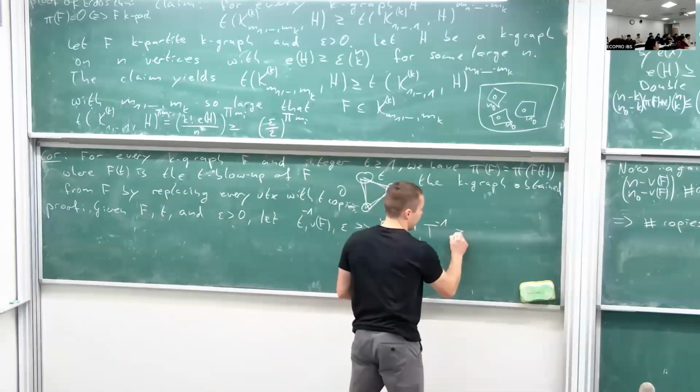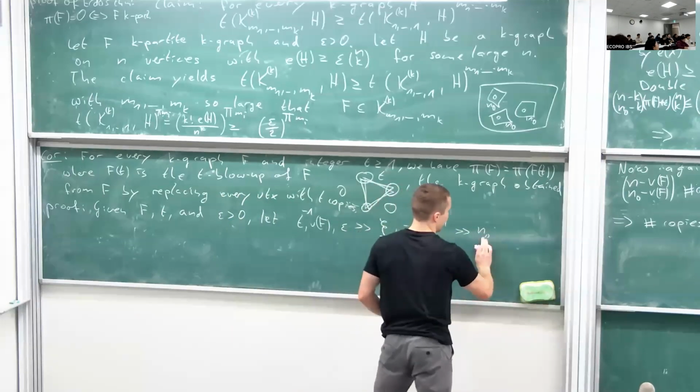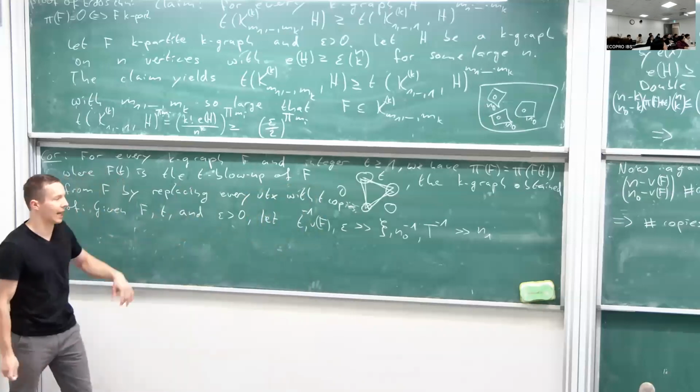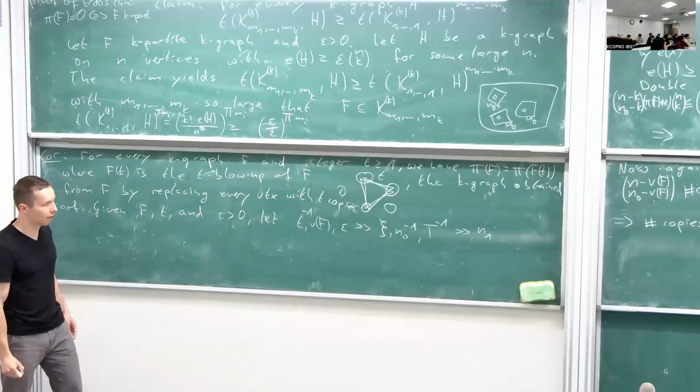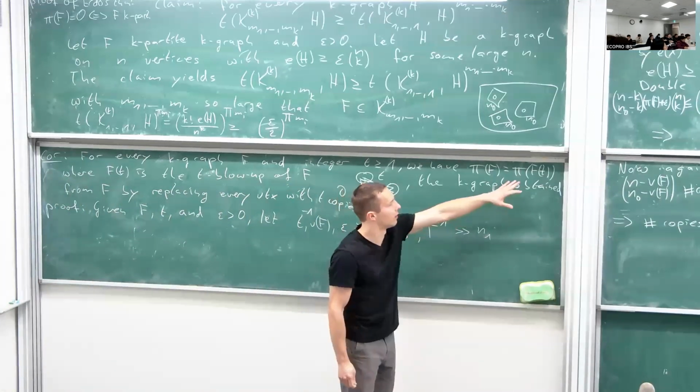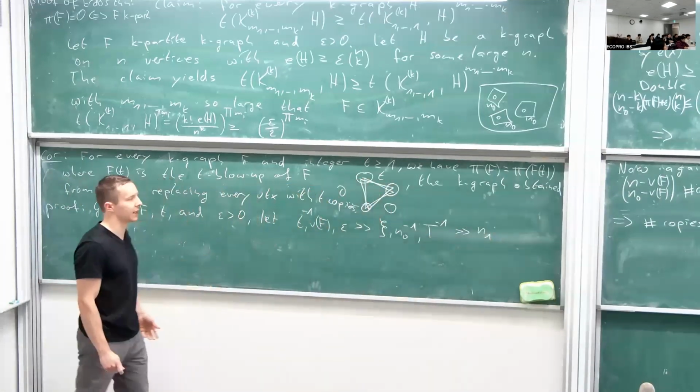And all those should be much smaller than our n1, which is actually then the size of the k-graph H, for which we say that we can find this blow-up if we have the right density.